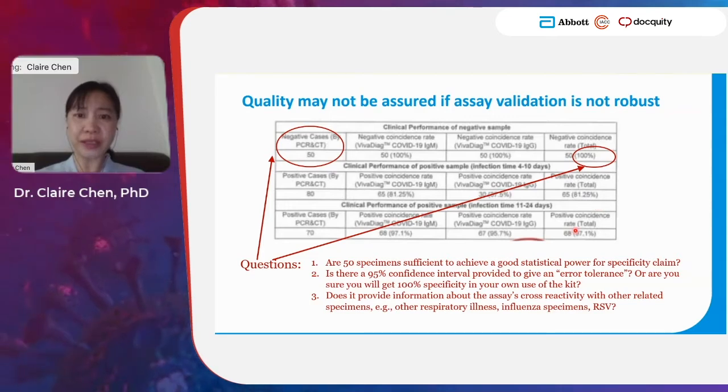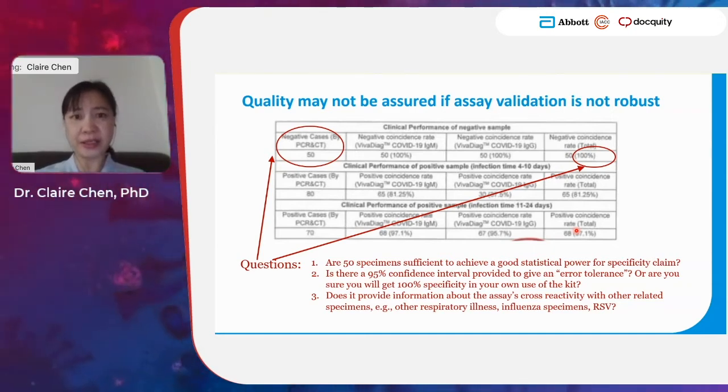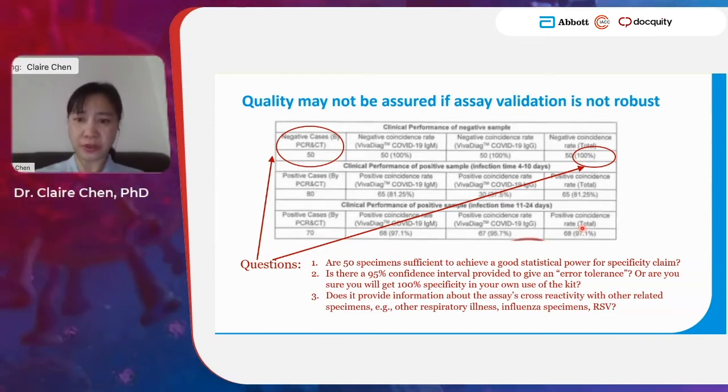Also, if you look at the performance sheet, they haven't validated the cross-reactivity against other related samples. So if the assay is used, for example, for influenza or for other coronaviruses like the common cold or other viruses, whether there is any cross-reactivity, you will not know, right?